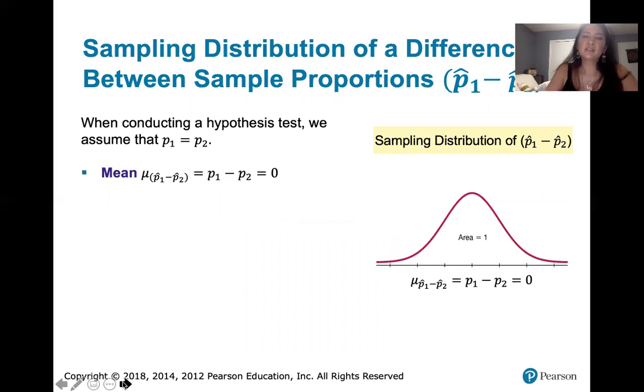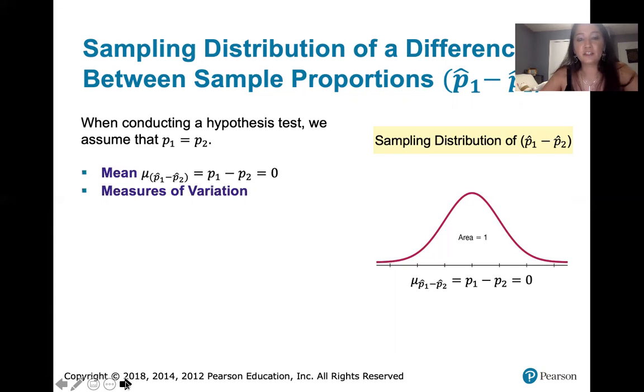So when we're conducting this hypothesis test, at least in this textbook, we're always going to be assuming that P1 and P2 are equal to each other. In that case, the mean of the distribution of P1 hat minus P2 hat is equal to P1 minus P2. Well, if P1 and P2 are equal to each other, that means the mean of this distribution of P1 hat minus P2 hat is equal to 0.